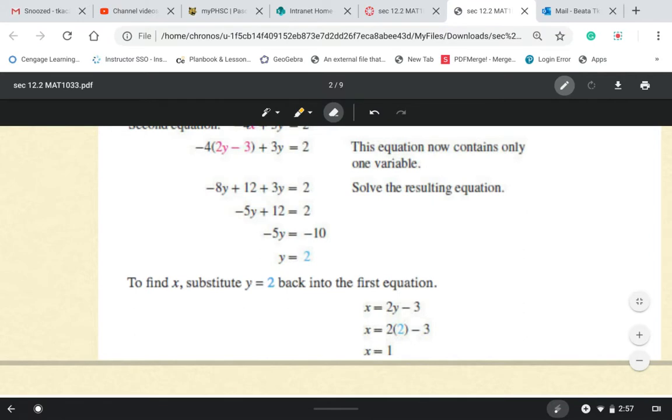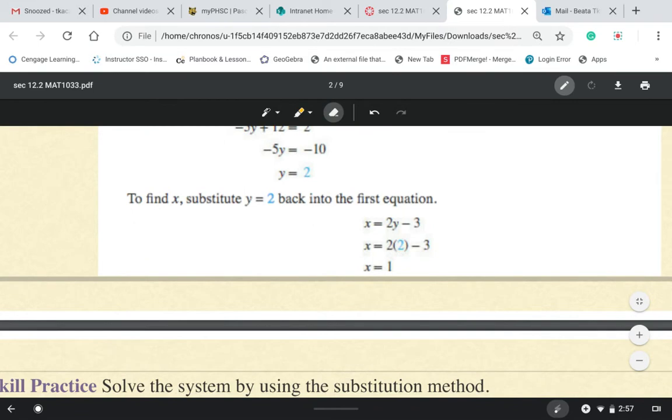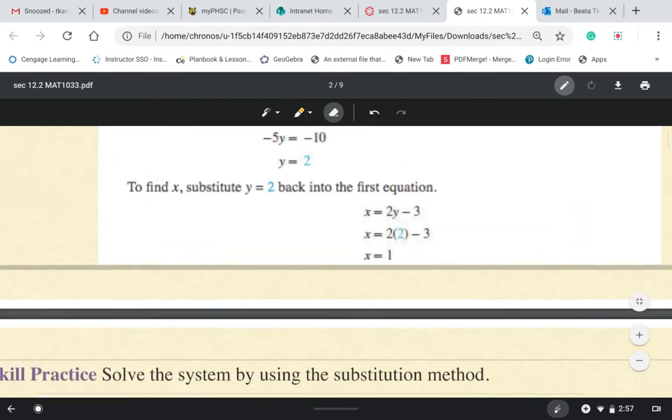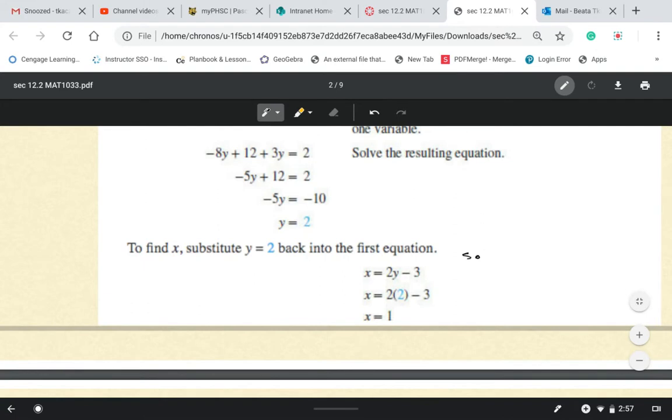So you have x = 1, y = 2. When you solve the system of equations, x and y represent the coordinates of the point where the two straight lines intersect. So we know those two straight lines intersect at the point (1, 2).